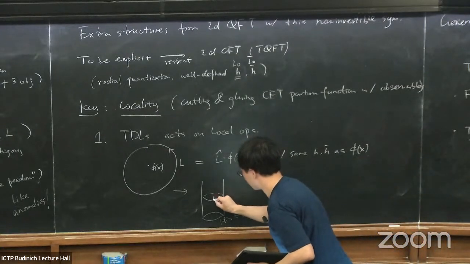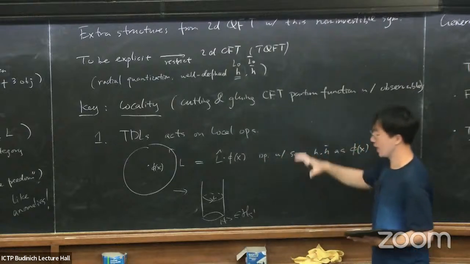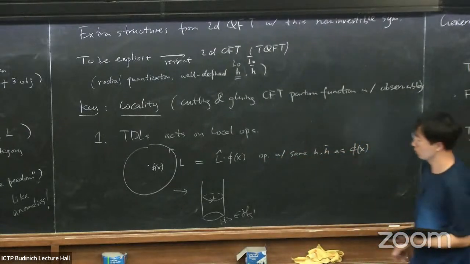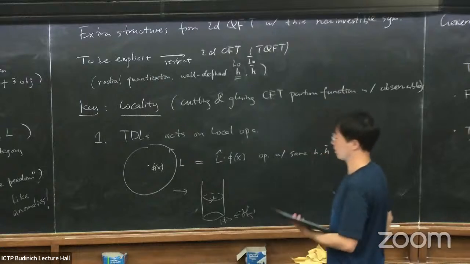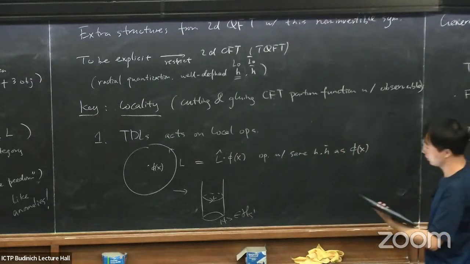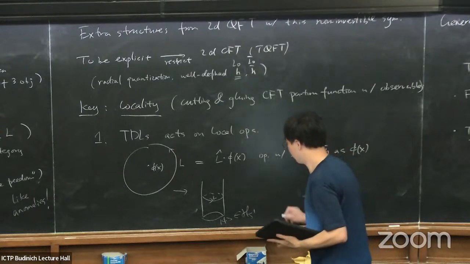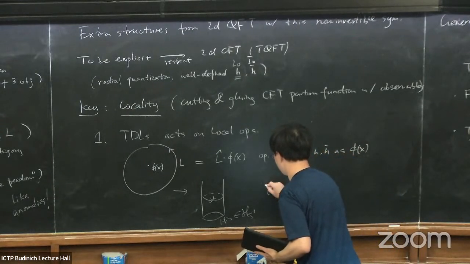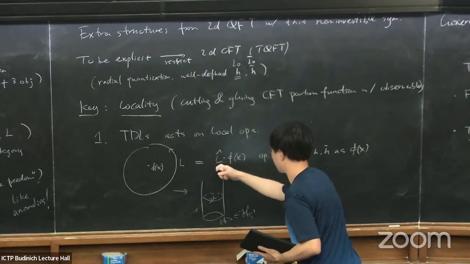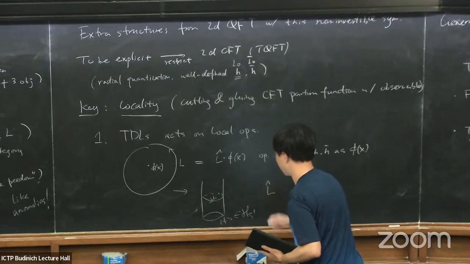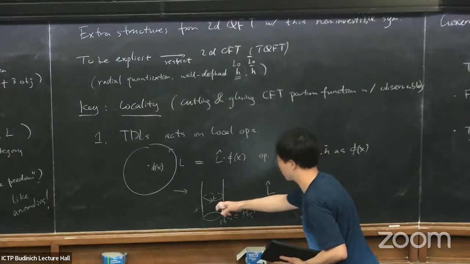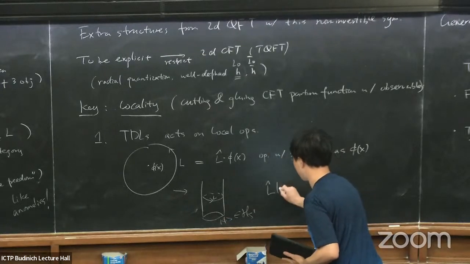And this is the line insertion that acts on this Hilbert space, which comes from this radial mapping, the coordinate change that you use in the radial quantization. This is why we use the L hat, because L hat can also be thought of as the operation of this symmetry defect acting on the states.